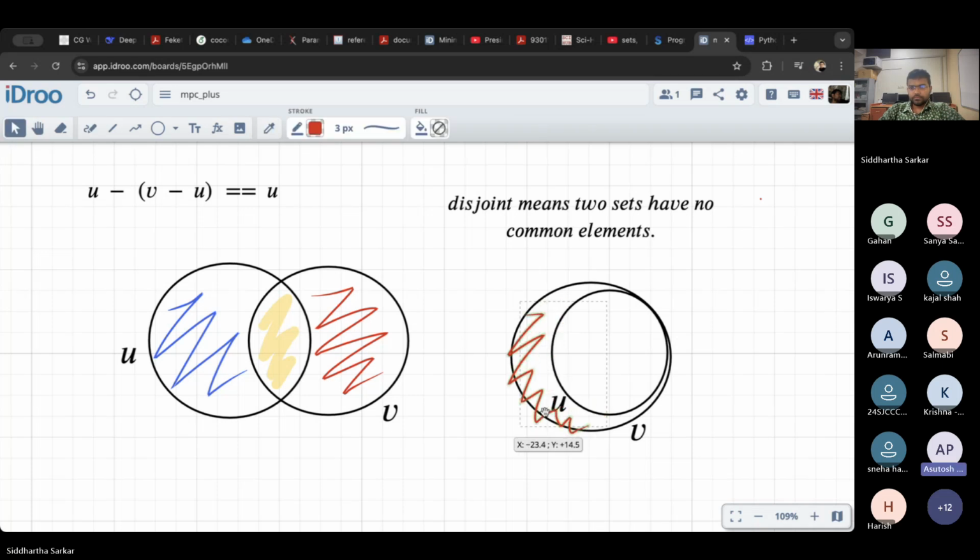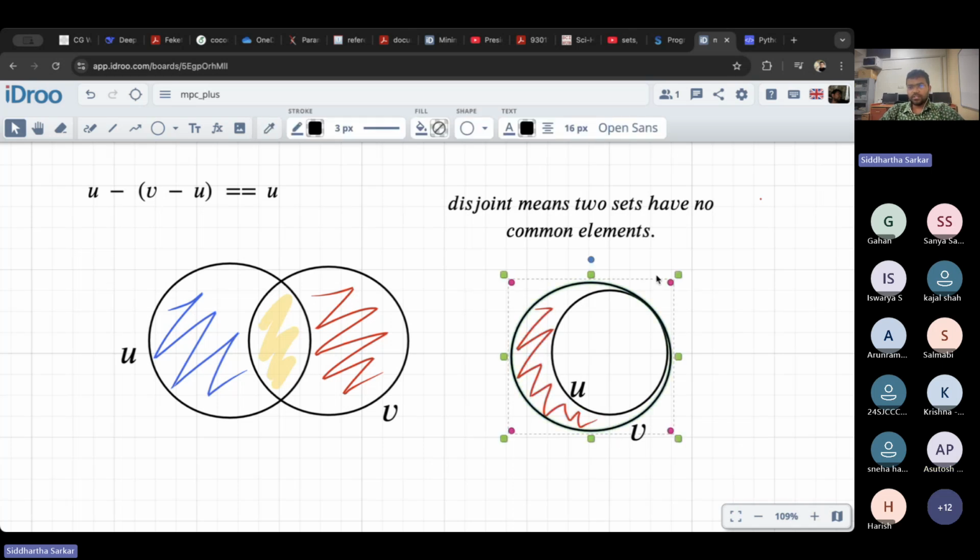Now, what are the elements in V and U? If it is not common, and only exists in V, that part is V minus U. Yes, that is the part. So V is a larger circle, U is a smaller circle. So whatever is in the larger circle but not in the smaller circle is V minus U. That's what I have marked, this red part.